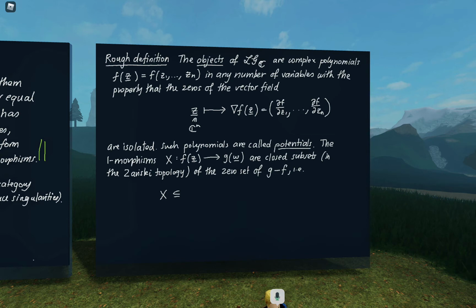Oh, okay. Yeah, if you're referring to the fact that it's over C rather than R, for the purposes of what we're doing, there's no difference. You can even just ignore the occurrence of vector field here. I just want to consider all the points where all the partial derivatives vanish.